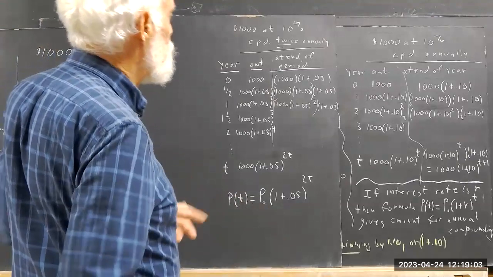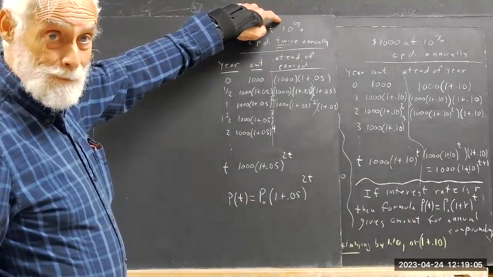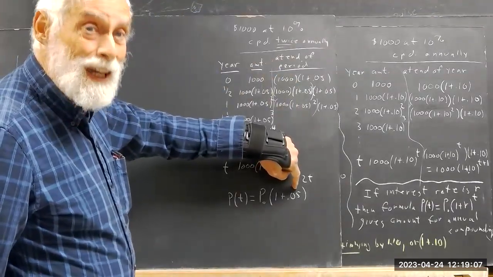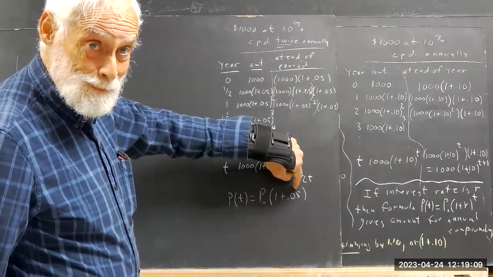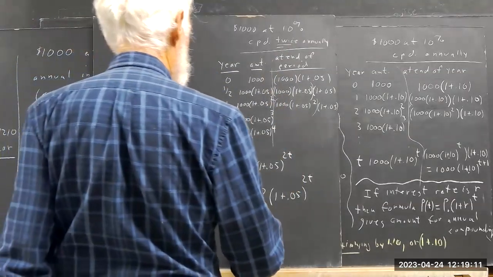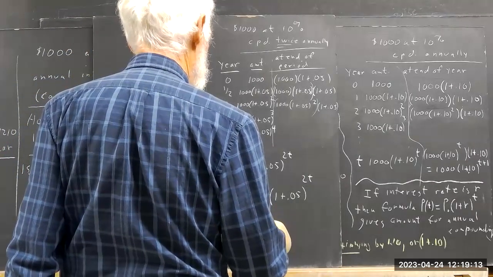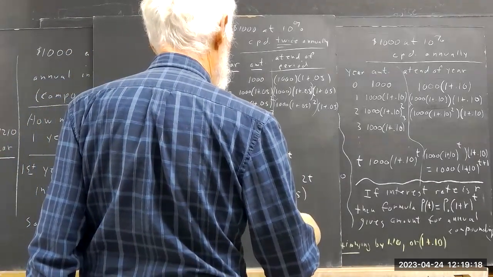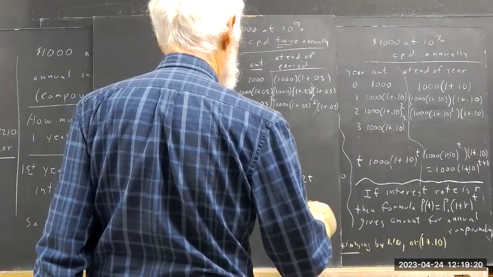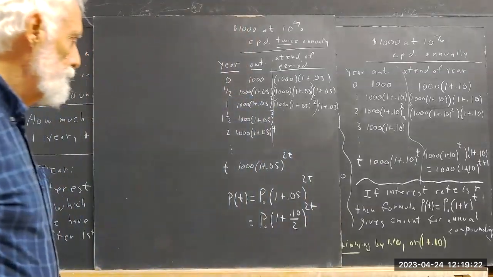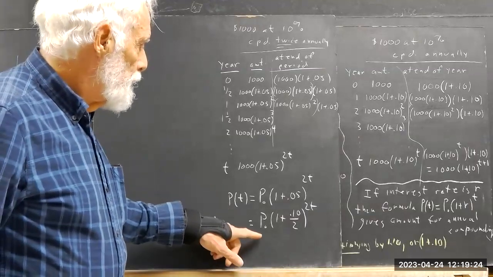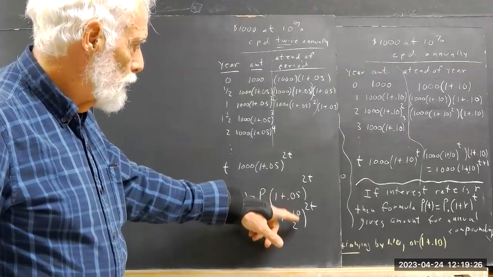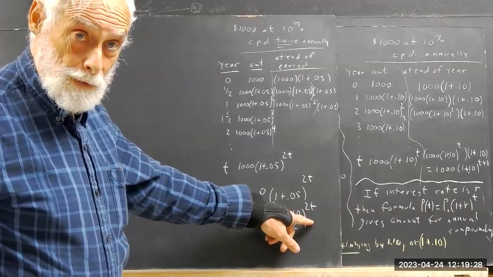If our interest rate is 10%, the 5% is half that interest rate. So our function is P naught times 1 plus 0.10 over 2 to the 2T.